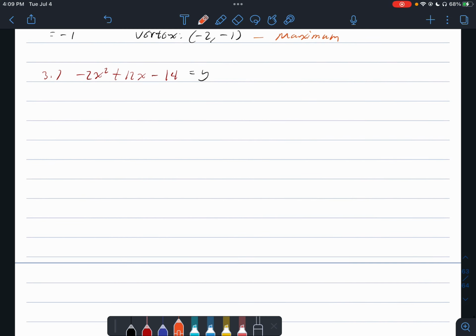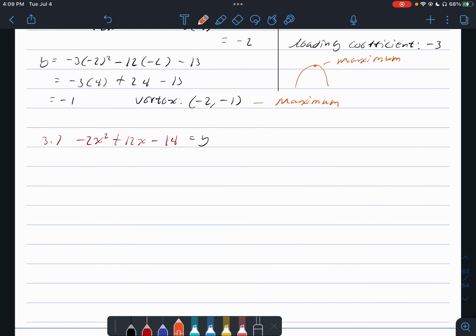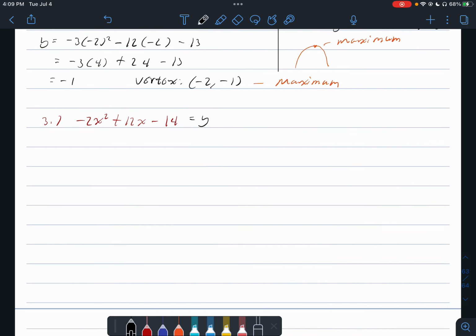Okay, let's do one more. Here we have negative 2x squared plus 12x minus 14. To find our vertex, I should just say the x component of our vertex. x is going to be negative b over 2a.